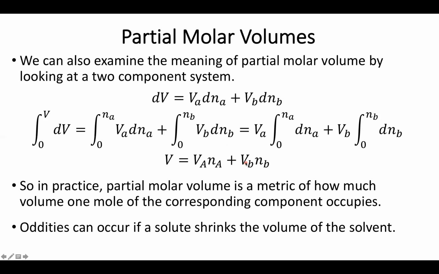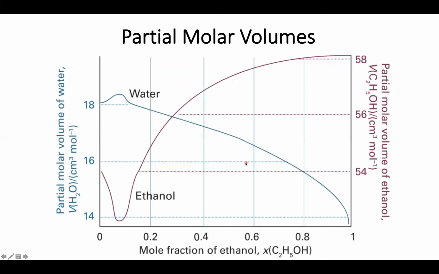So let's go ahead and take a look at the significance of partial molar volumes in a real case. Let's take a look at a mixture of water and ethanol. So if I have a pure system of water, well, my mole fraction of ethanol is going to be 0.